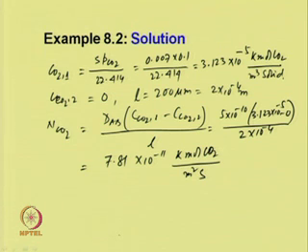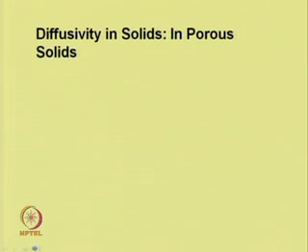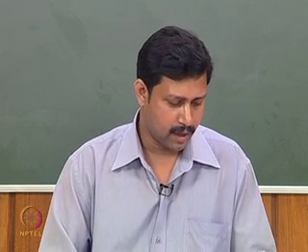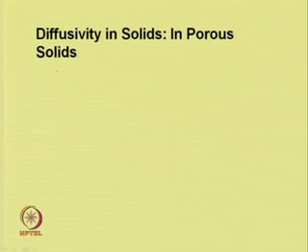Now, let us consider diffusion in porous solids. If we consider porous solids, then the structure of the pores is very important, particularly for a catalytic reactor, where we can have the diffusivity inside the pore or adsorbed surface on the catalyst.